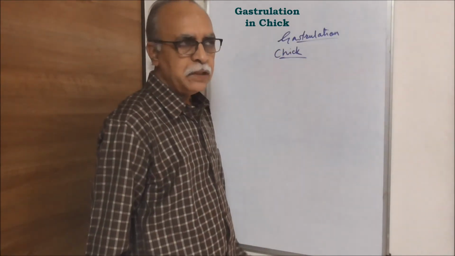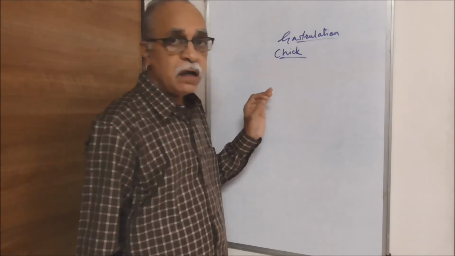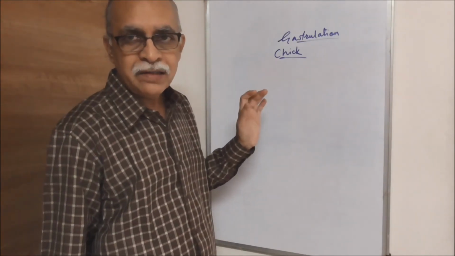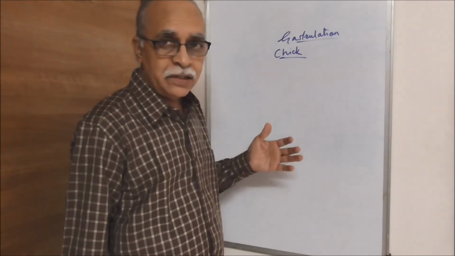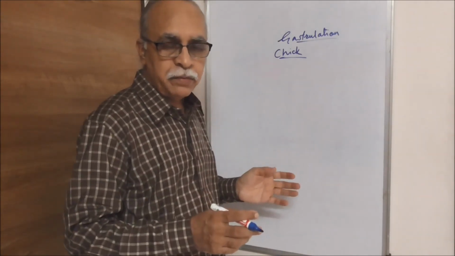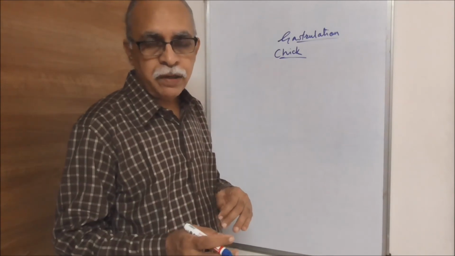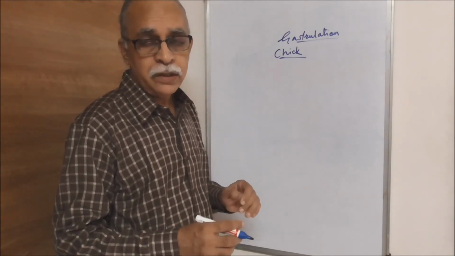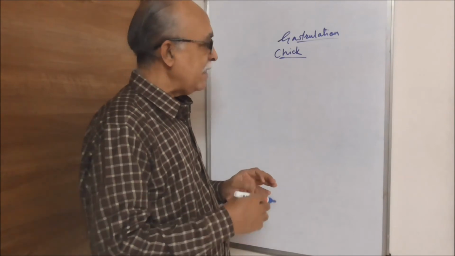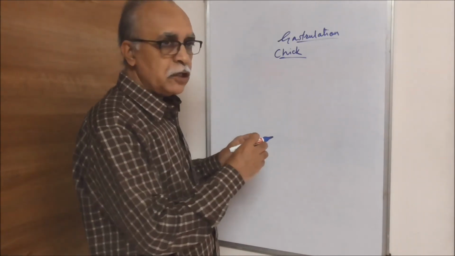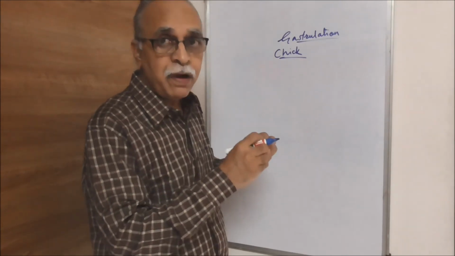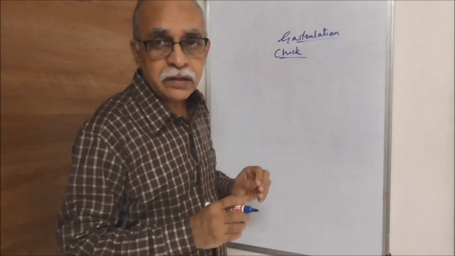First thing that we must remember is this egg contains large amount of yolk. So megalecythal egg would be there, and it is telolecithal. So one part would be occupied by the yolk, rest of the part would be occupied by cytoplasm and nucleus. So even after fertilization, it would be seen that the embryo development takes place only in that part where there is cytoplasm.